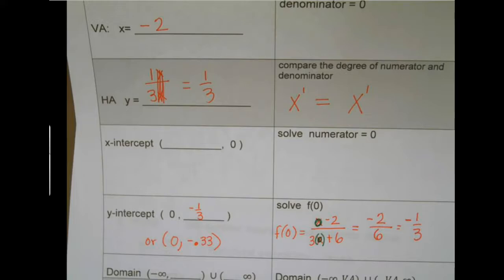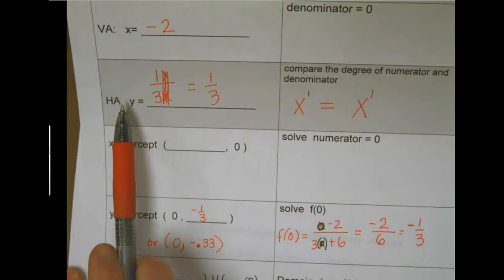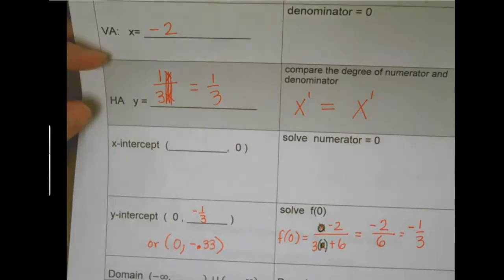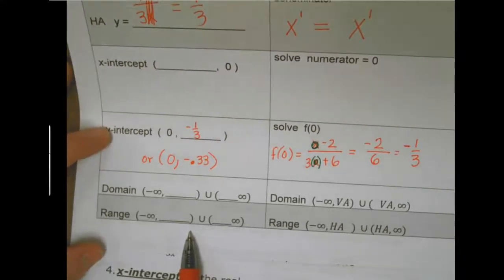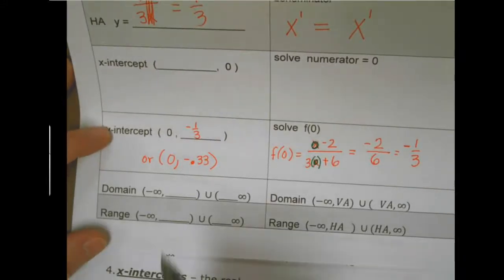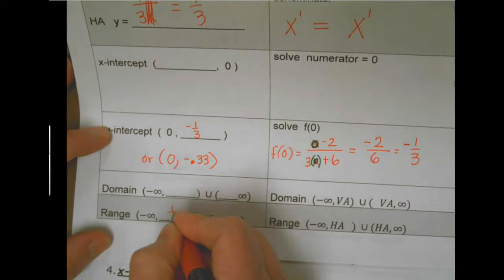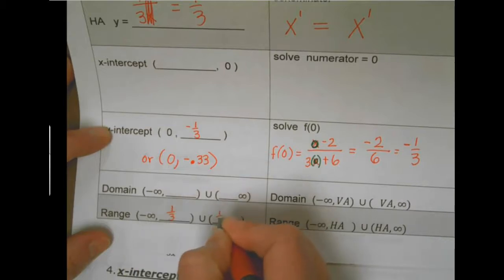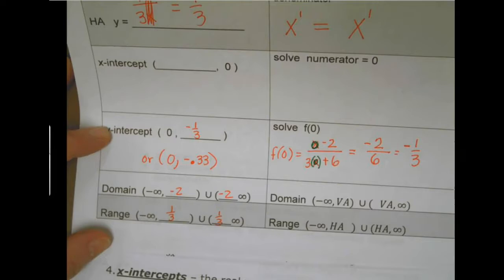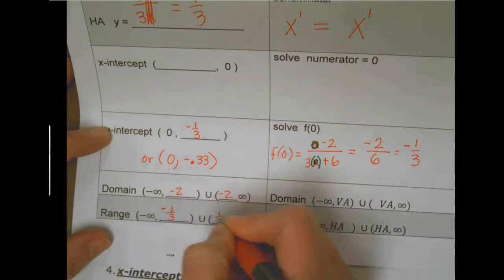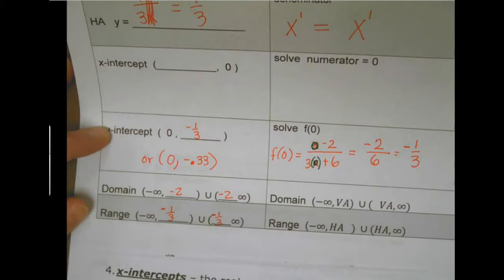Now, do you notice that on your paper, this is highlighted with a darker color and your range is highlighted with a darker color? That's to alert you that they go together. The range is everything except for the horizontal asymptote, and we already had that one filled in from yesterday. Wait, that was a negative 1/3. I left out my negative sign.